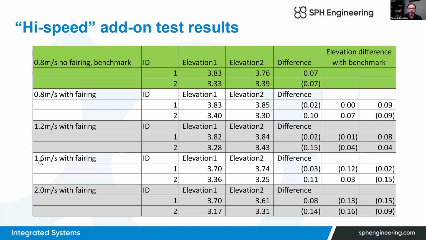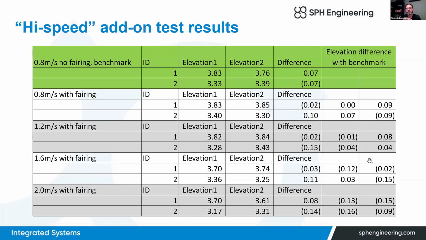With speeds higher than 1.6 meters per second, we have a bigger difference from the benchmark. So currently we would recommend approximately 1.5 meters per second as a maximum speed.